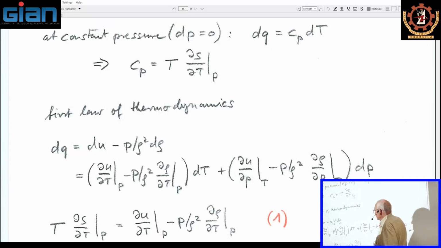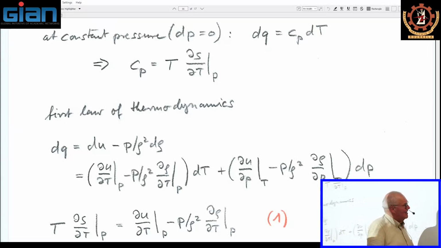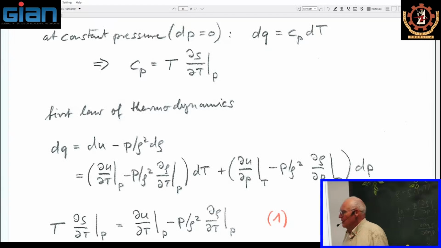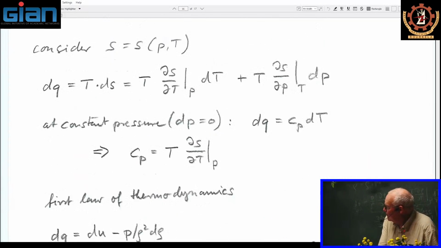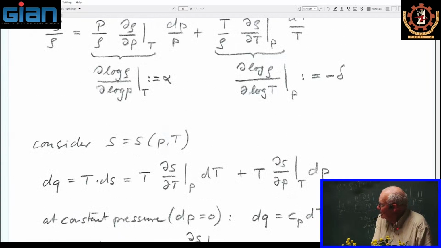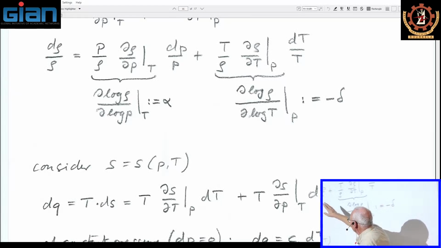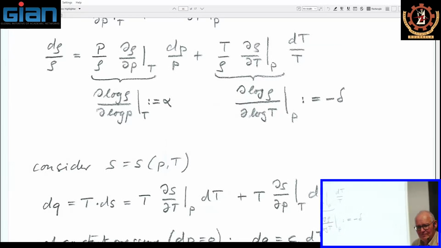Now let's express du and d rho in the same way by dp and dT. So let us assume that the internal energy depends on pressure and temperature, and also the density. We have done that already above, so this has been done for the density already. Express it in terms of dp and dT and do the same for the internal energy.